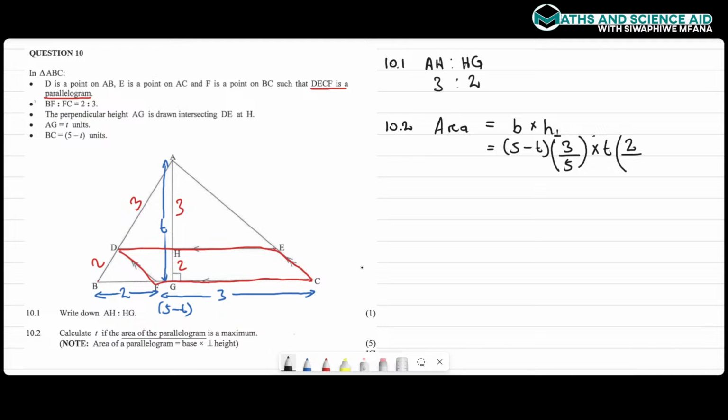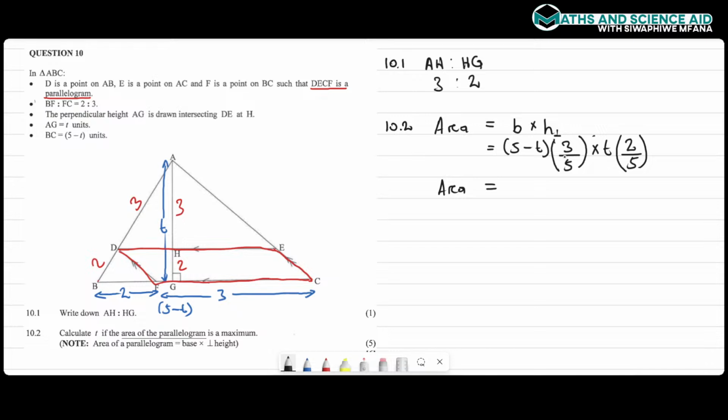So we'll divide it by 5. That's exactly what we need to do here, and then we'll be able to get an equation for the area of this parallelogram in terms of T.